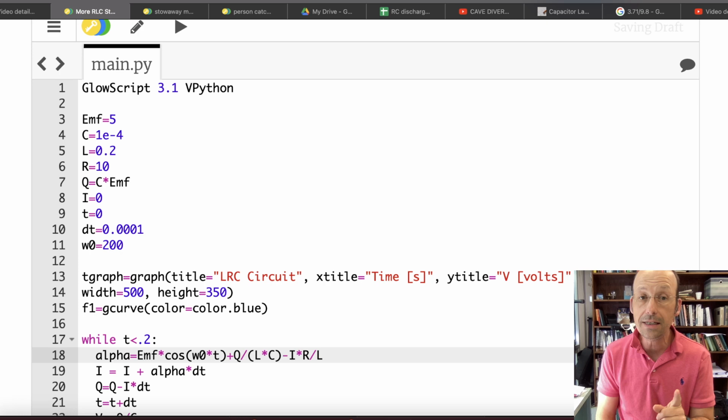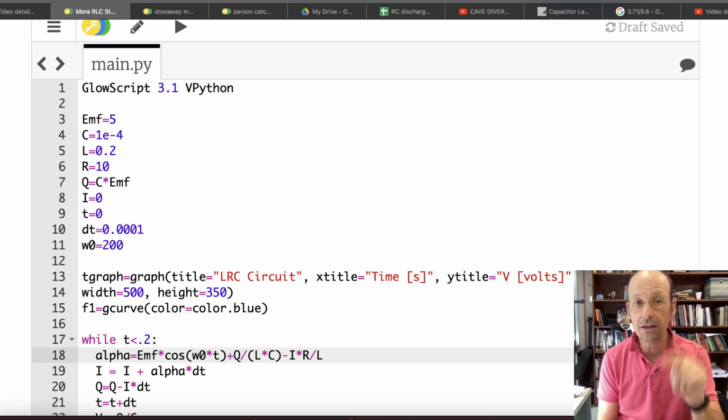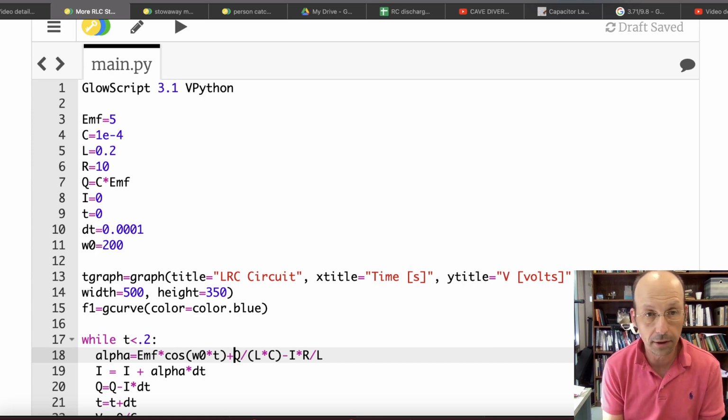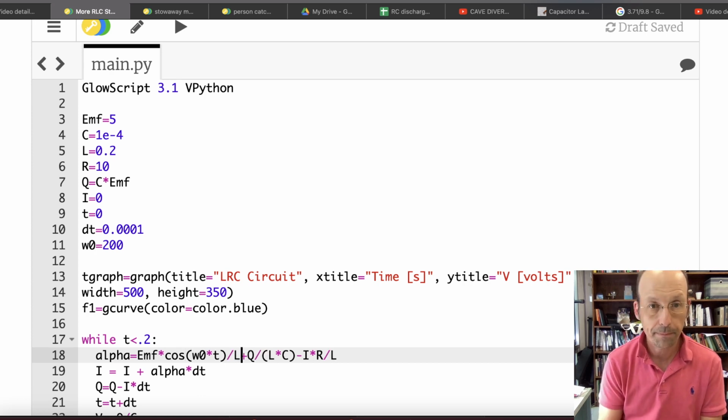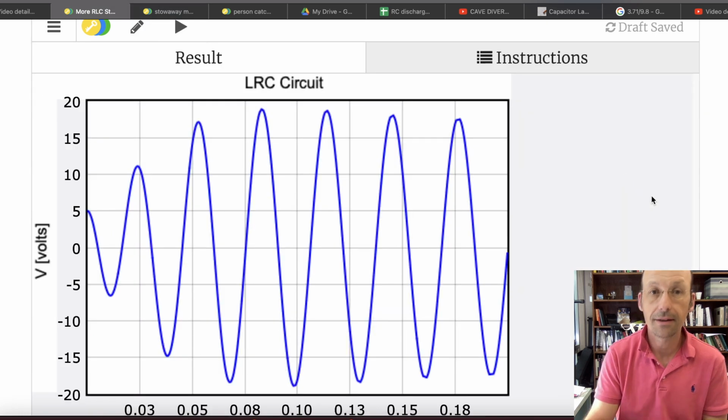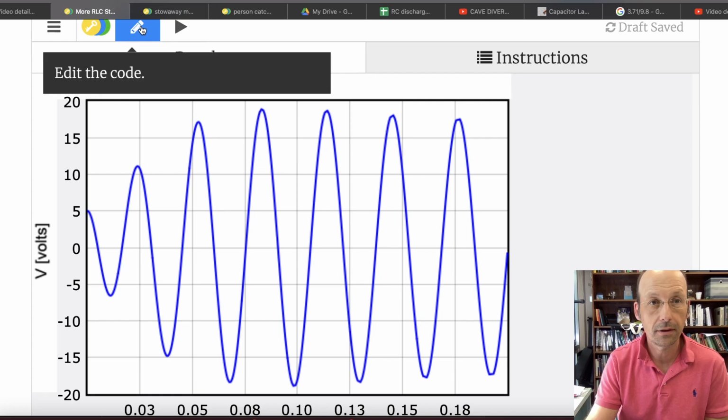Now that's not dt, because this changes with actual time. All of that divided by L. I think that should work. Let's just see. Yeah, it did work.